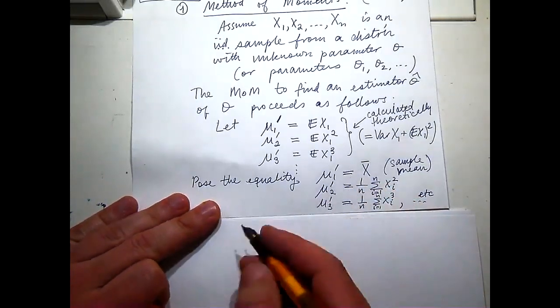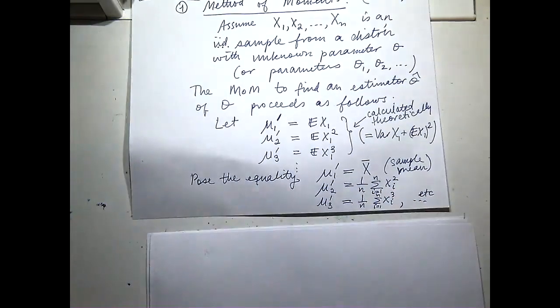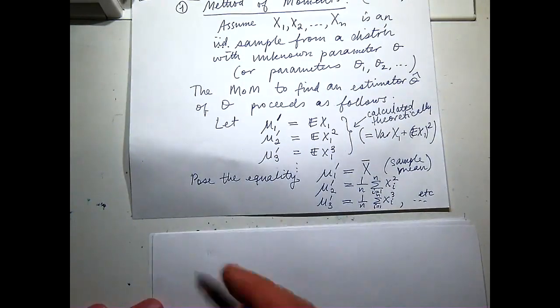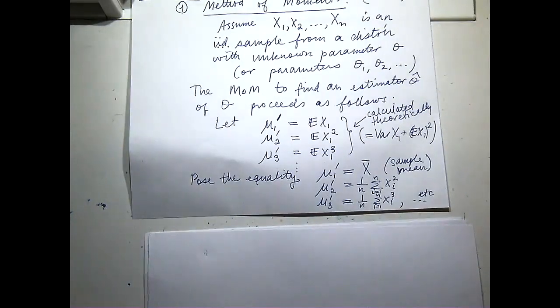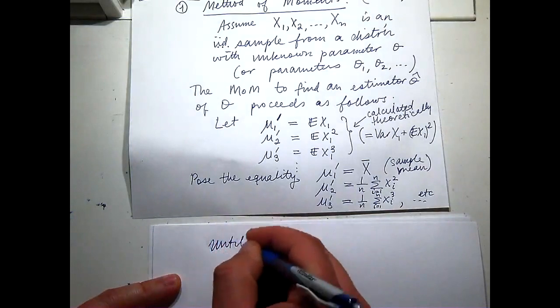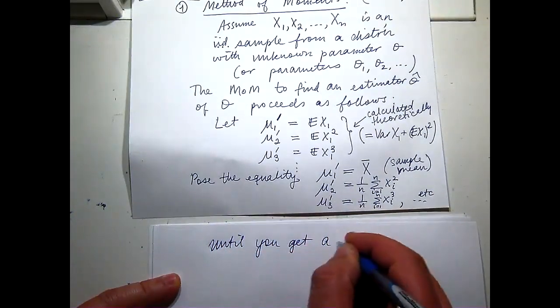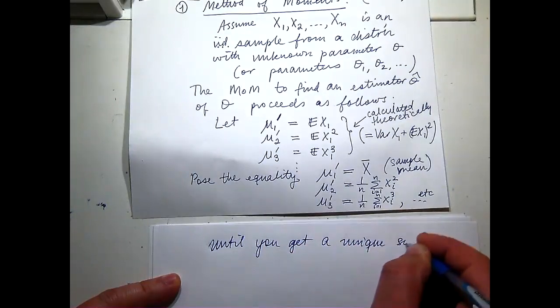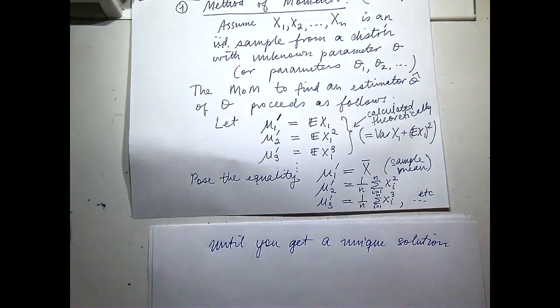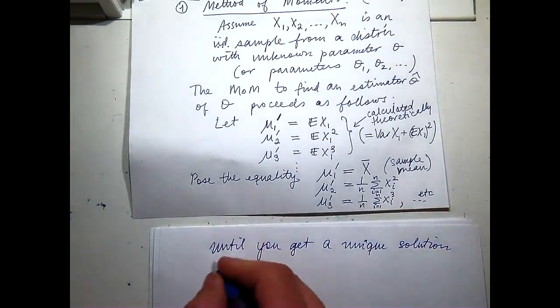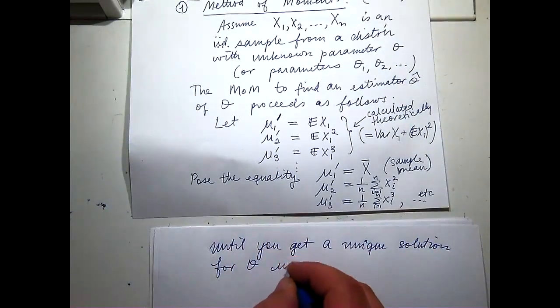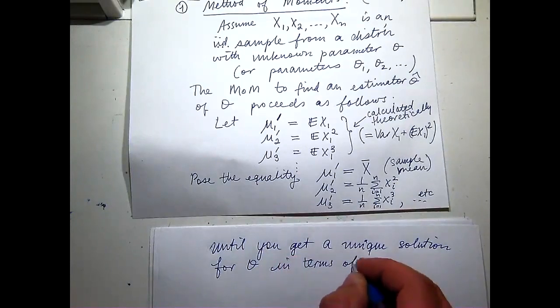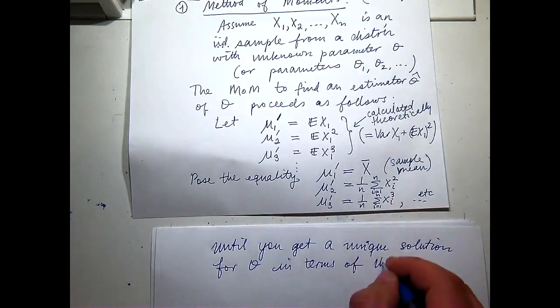You start from the lowest and go up until you get a unique solution. Now it might be one of two possible solutions or something, but not a whole family of solutions for theta in terms of the sample.